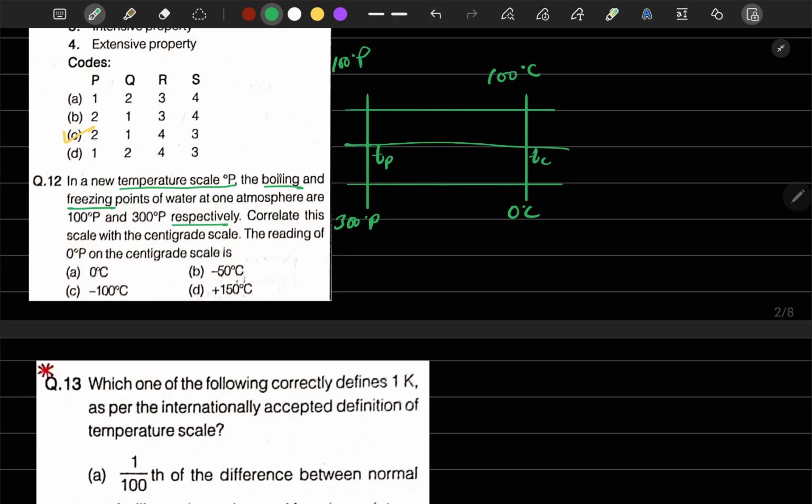We will write it as (TP minus 300) upon (100 minus 300) is equal to (TC minus 0) upon (100 minus 0). From here we will get TC equal to minus 1 by 2 times (TP minus 300).